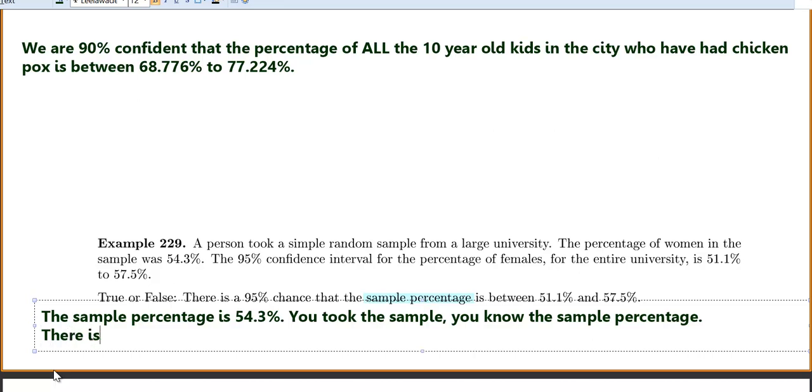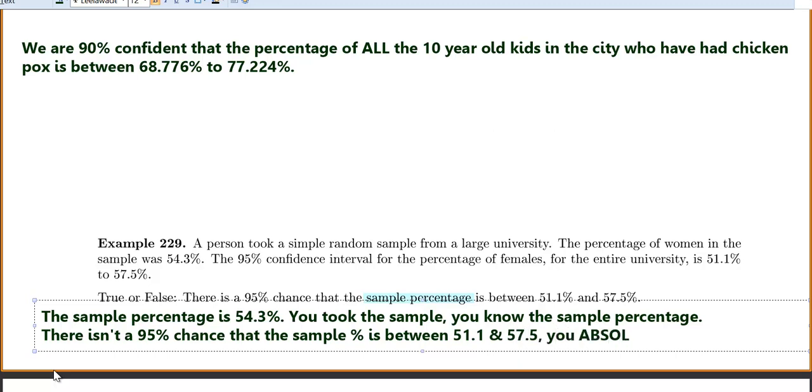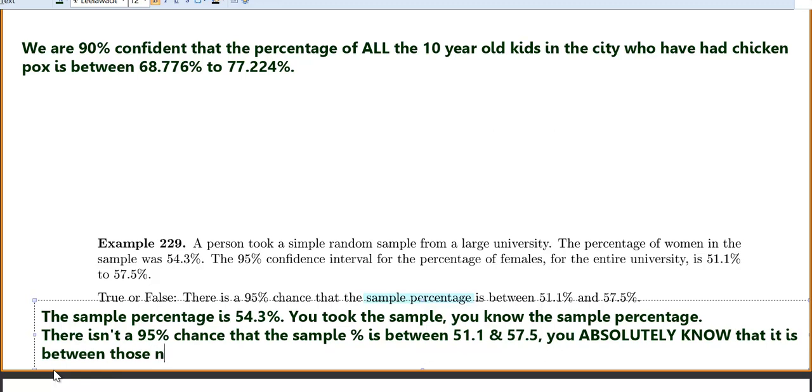So you absolutely know that it is between those numbers because you know what it is.